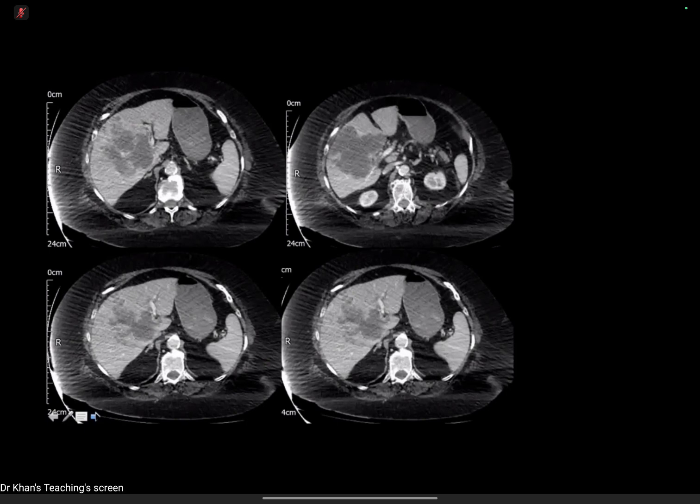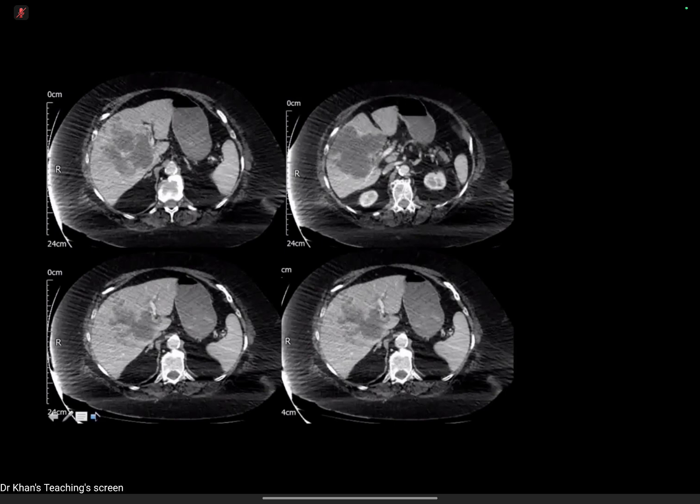I cannot see any vascularity. Obviously, it's a portal venous or delayed phase scan. However, I cannot see any vessels traversing through the large irregular shaped hypoenhancing lesion in the liver. On the top left slice, there is a vessel, it's probably in the normal liver parenchyma.